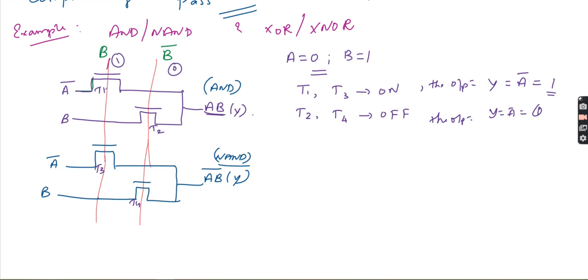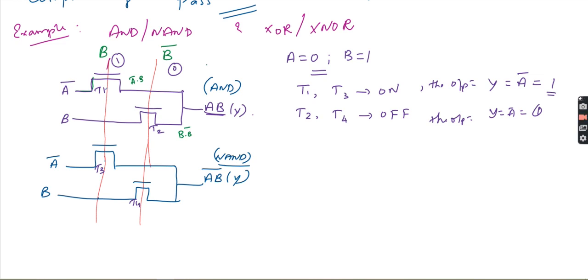Similarly, we have to do it for XOR and XNOR also. If you are having confusion over how to implement this, let me write the expression here. What will we get here? We will get A bar dot B. What about here? We will get B dot B bar. Then this is the parallel, right?